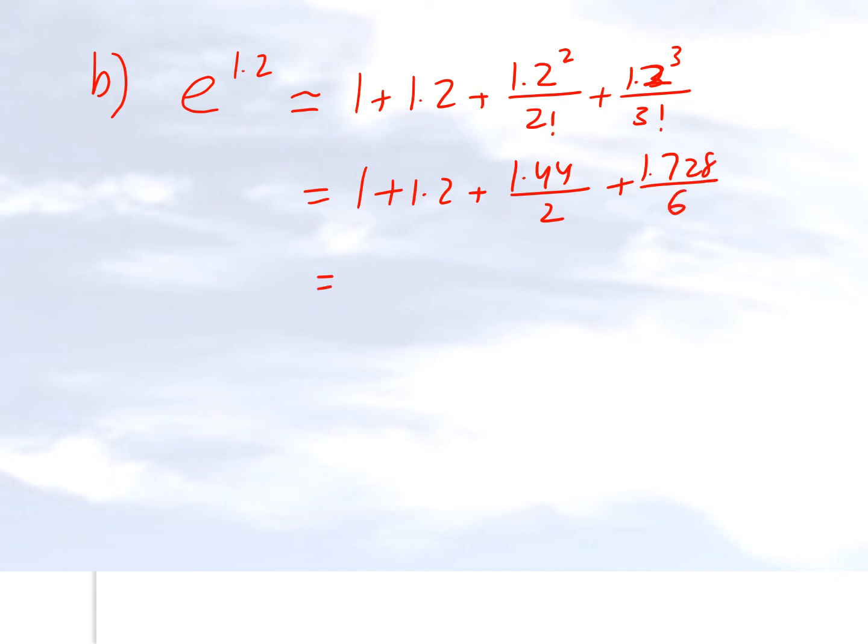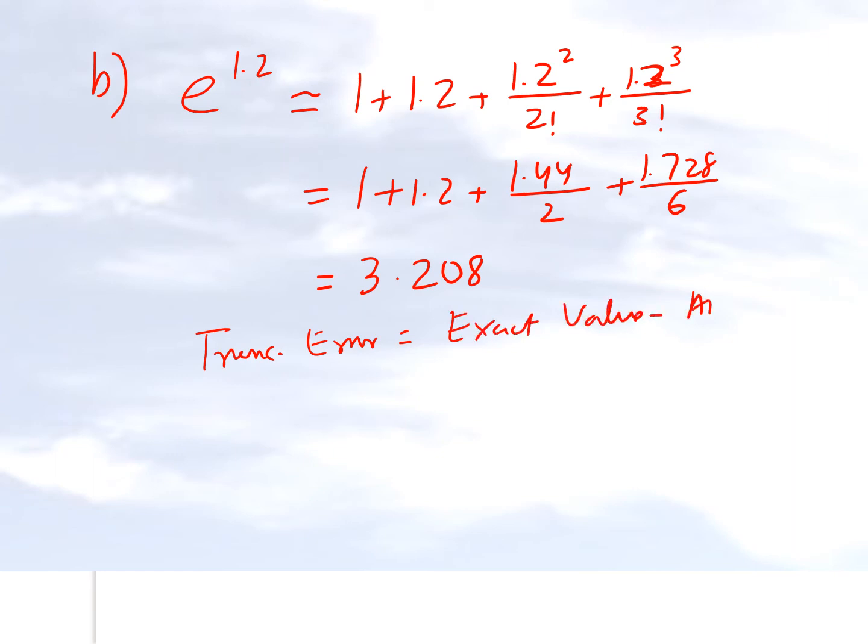So this particular four terms of the series gives us a value of 3.208. So if we want to calculate our truncation error, in this case, it will be, of course, again the exact value minus the approximate value.